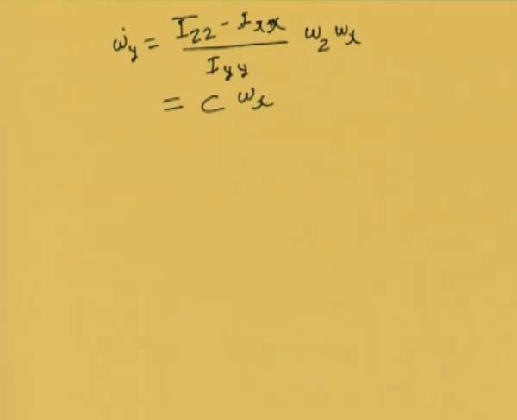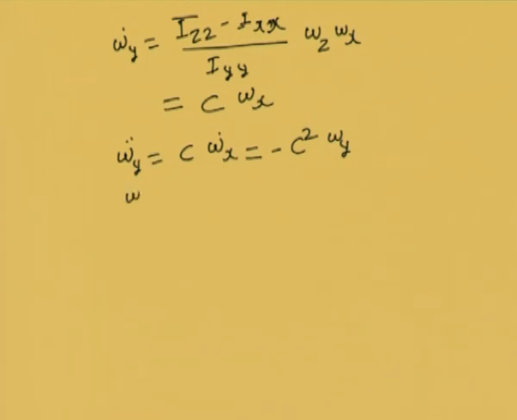Now if we differentiate this equation, then you will be getting omega double dot y is equal to c times omega dot x, that is equal to minus c square omega y.